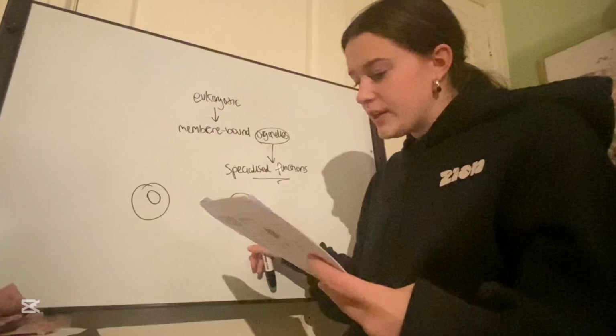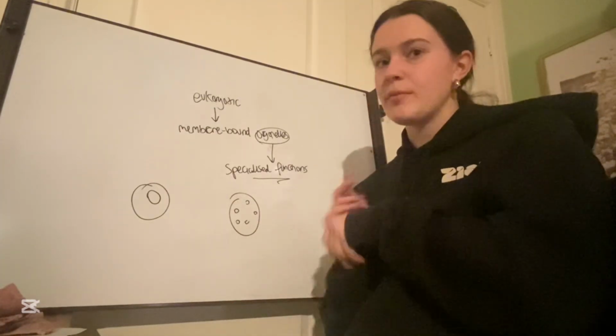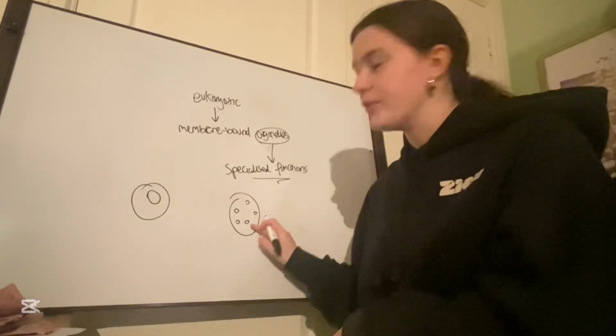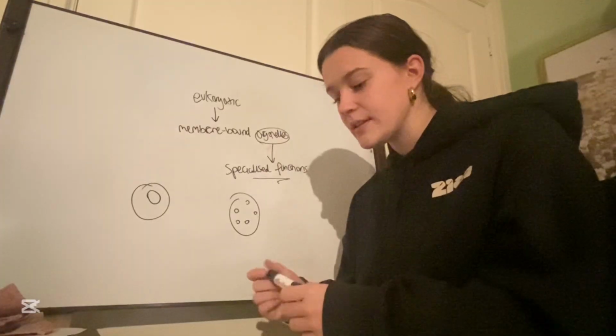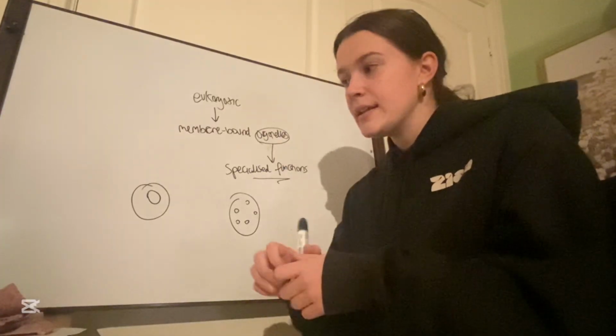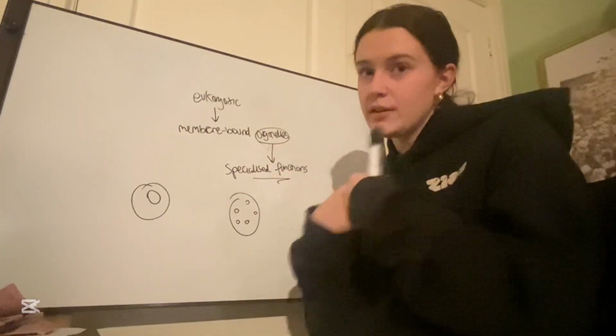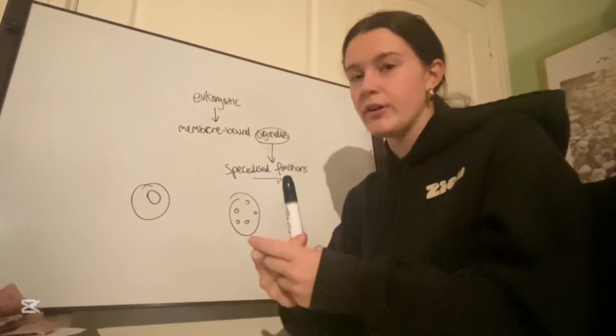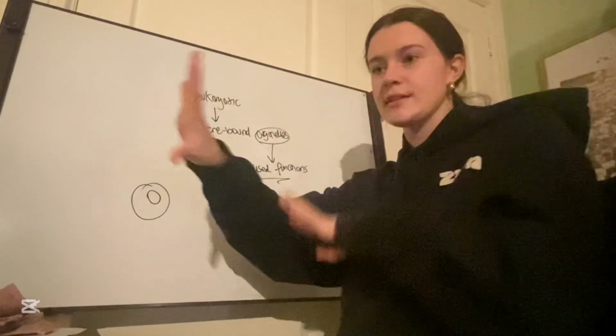These different organelles have different functions, like I said before, and they also have different internal environments. So this basically means that what's going on inside the organelle, like the mitochondria or whatever, is different to the outside of the cell.